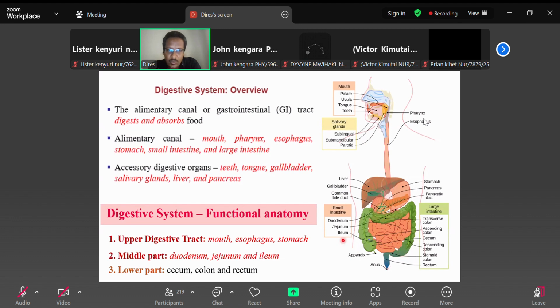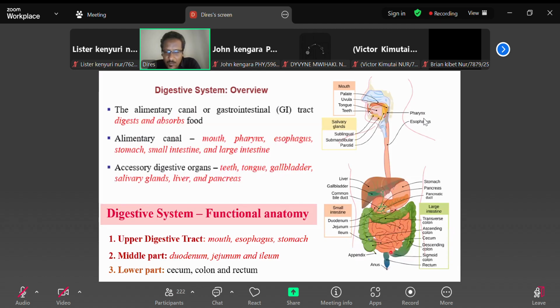Just anyone can tell us. The sigmoid colon, you see it here, is it part of the alimentary canal or accessory digestive organ?